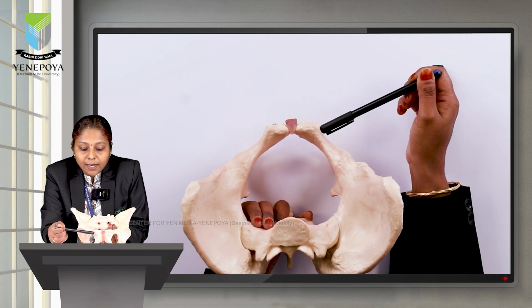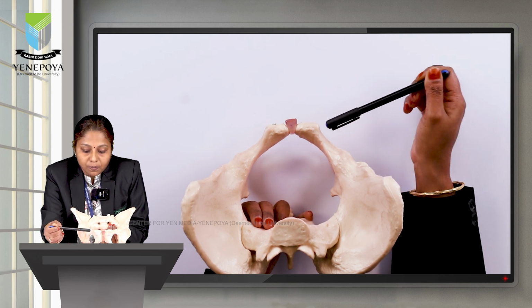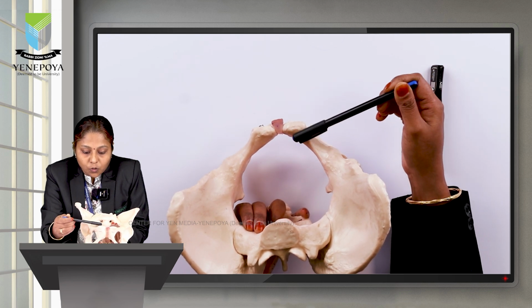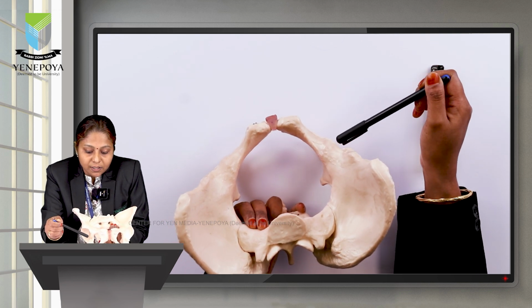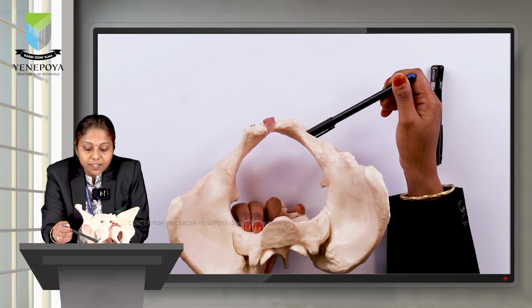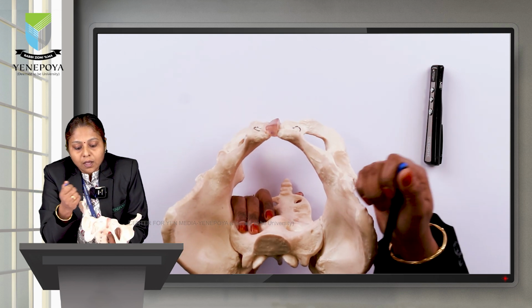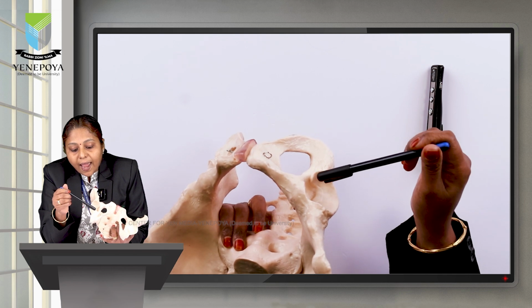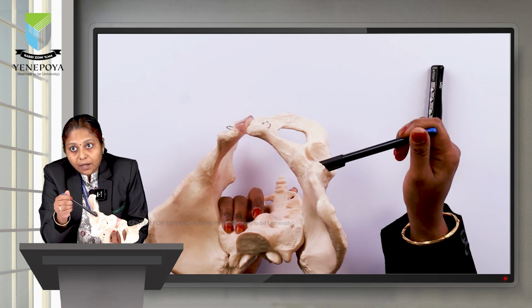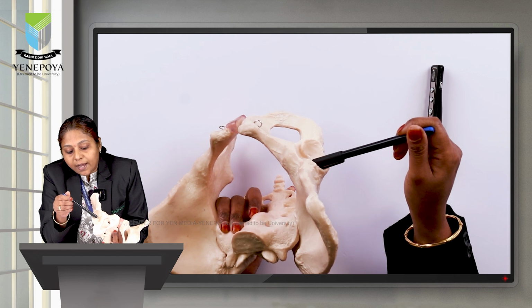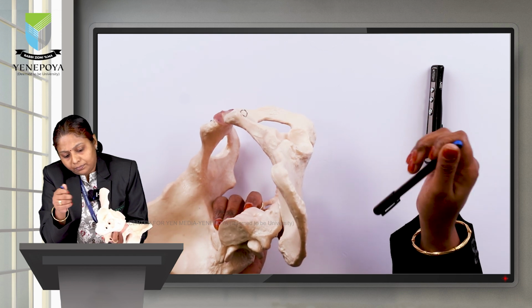The space enclosed by the pubic bone, the superior ramus and the inferior ramus, and the ischium is termed the obturator foramen, which contains a deep cup to receive the head of the femur, called the acetabulum.